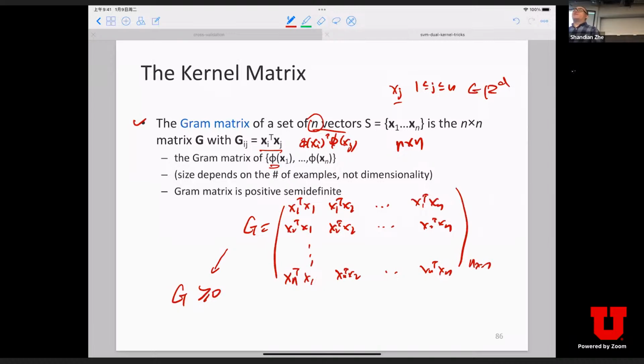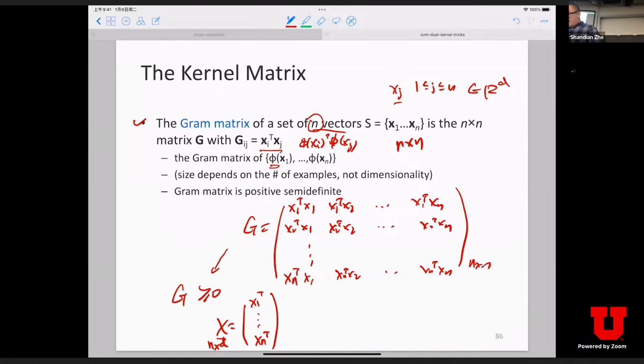Let's just do some review work on linear algebra. If you concatenate your vectors row-wise, representing all the n vectors in a matrix where every row is one vector, I can construct this n by d matrix X, where d is the dimension of each vector.